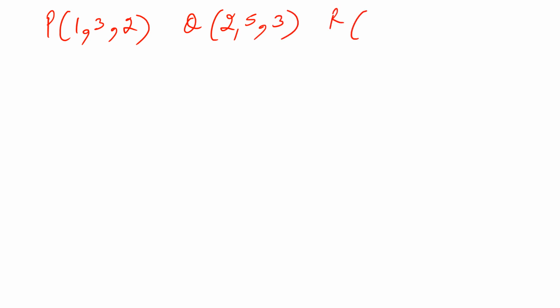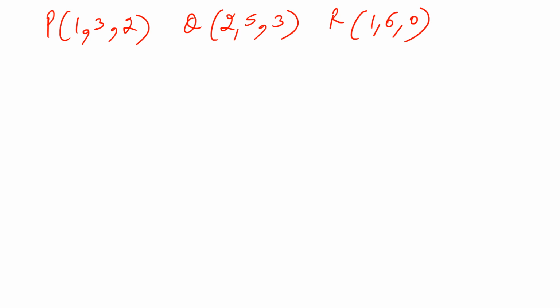Now students, we check the option C. In order to check the option C, we need to find the coordinates of the centroid of the triangle PQR. Now we have the coordinates of P as 1, 3, 2. The coordinates of Q are 2, 5, 3, and the coordinates of R are 1, 6, 0. Right?